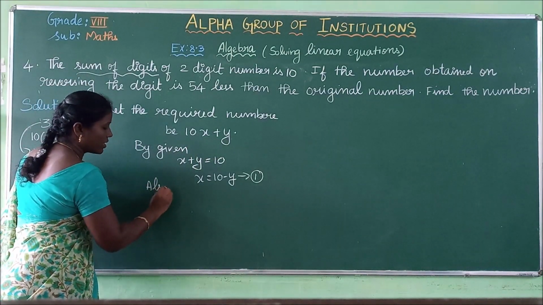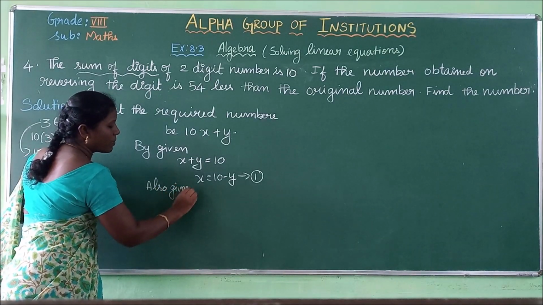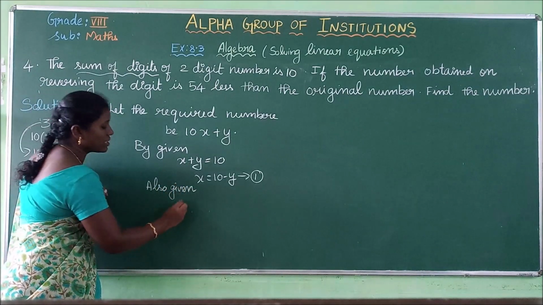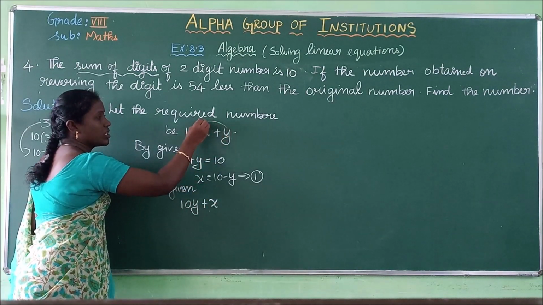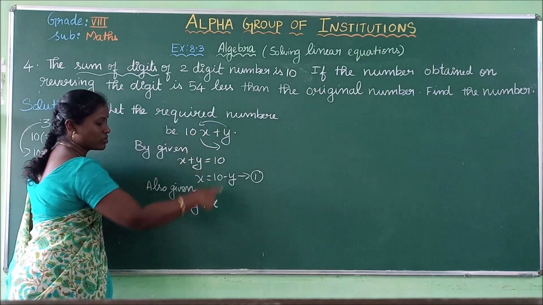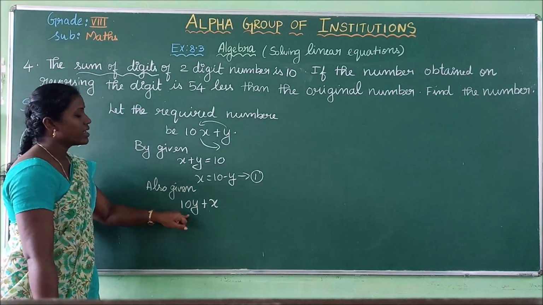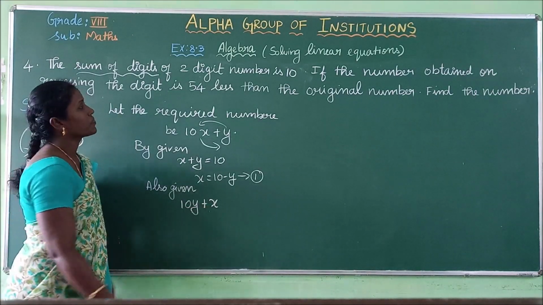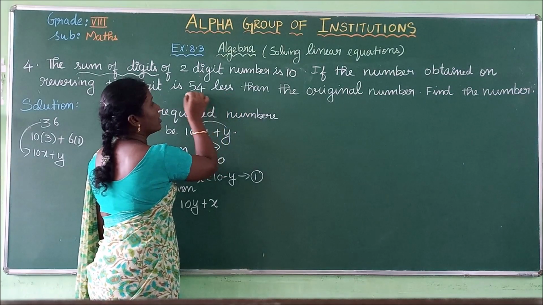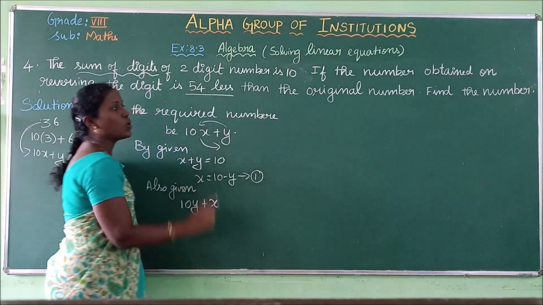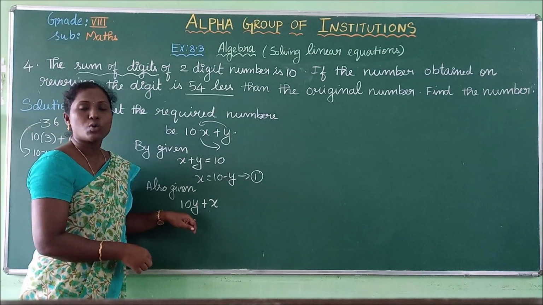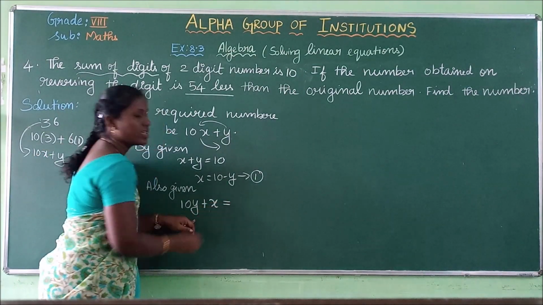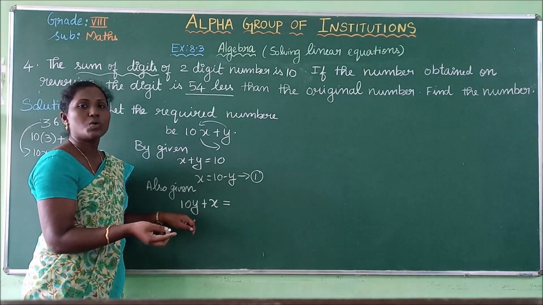By reversing the digits we get 10y plus x. See, I am changing y here and x here so that we got the reversed number as 10y plus x. Then it is 54 less than the original number.